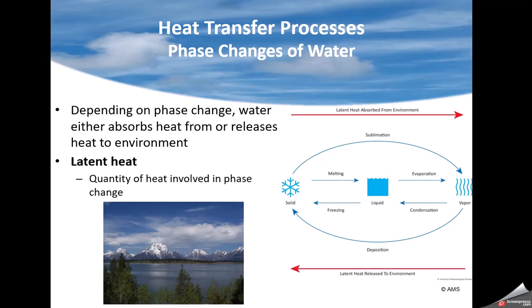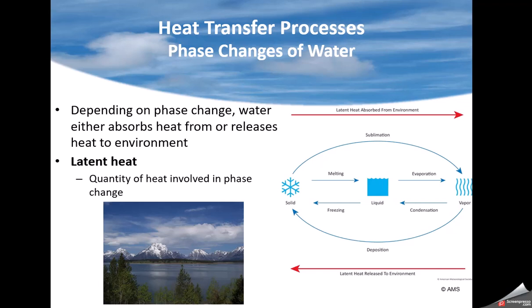So, think about it. If you have water vapor, the molecules are a little more spread out. When they become a solid, the molecules are a little closer together. Well, how did we get to that point? Heat had to be released from that water vapor to make it into ice. Go the other way.